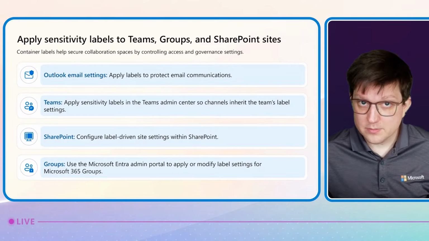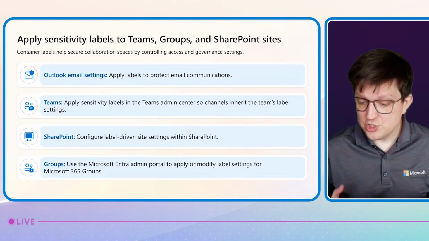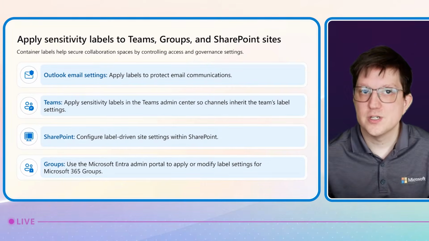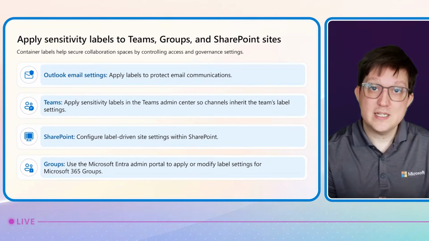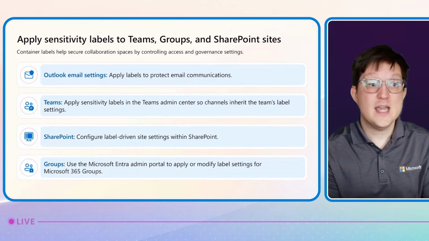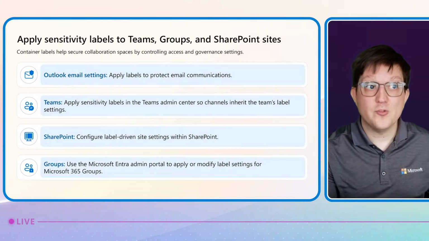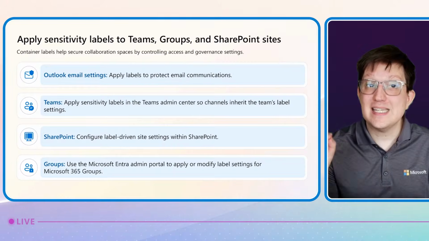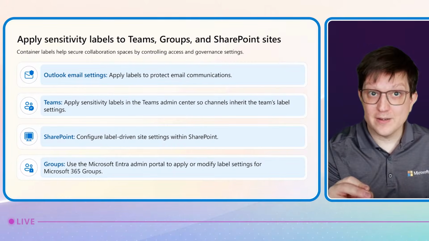Now, it is, of course, more than just what we see in terms of the individual files and the broad container structure. The big lesson that you need here, and the big thing you need to remember for the purposes of what we're doing in the exam, is that all of the different label types are created in Purview, but applied by admins in their subject matter expert area.